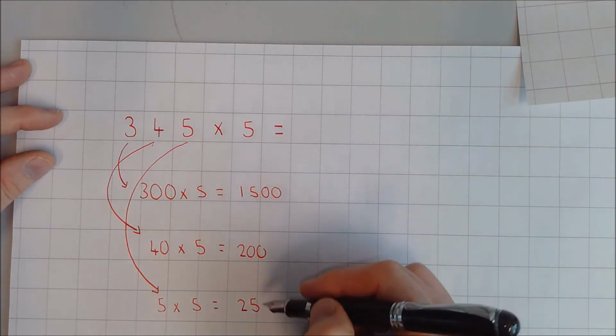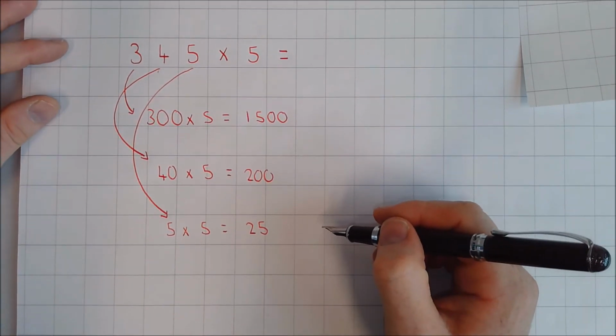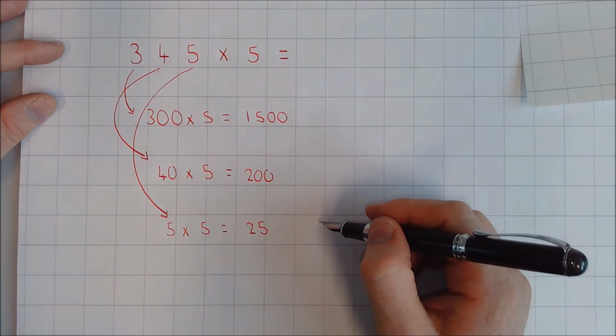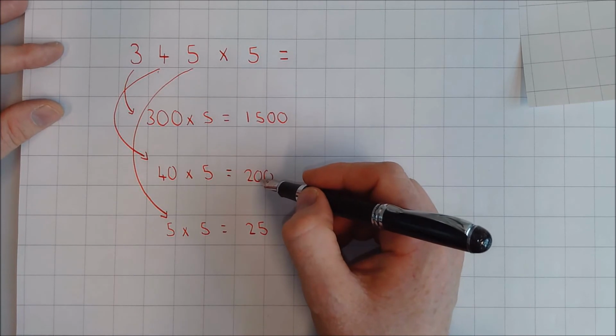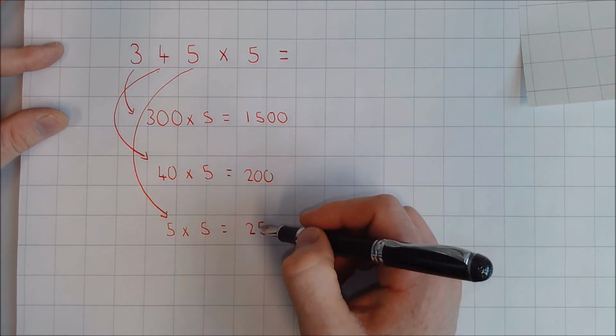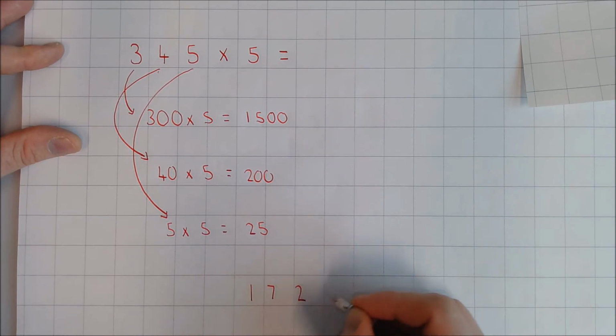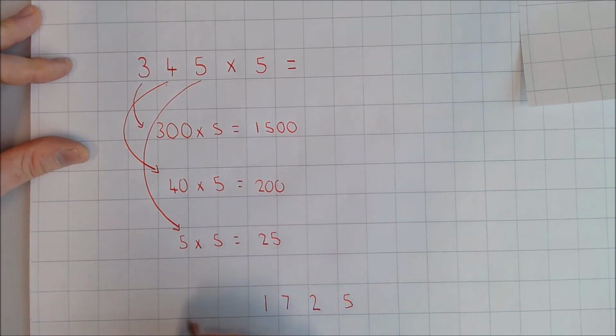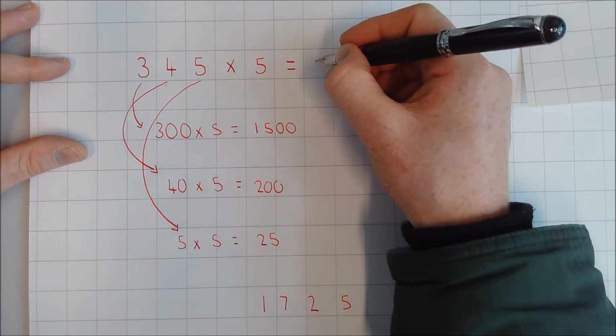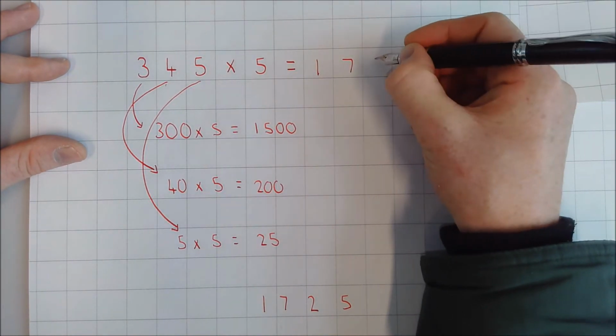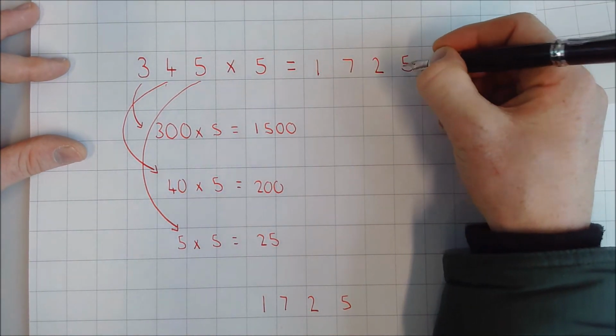Then you should see that these numbers are nice and easy to add up in our head. 1,500 add 200 is 1,700, add 25 is 1,725. So 345 times 5 is 1,725.